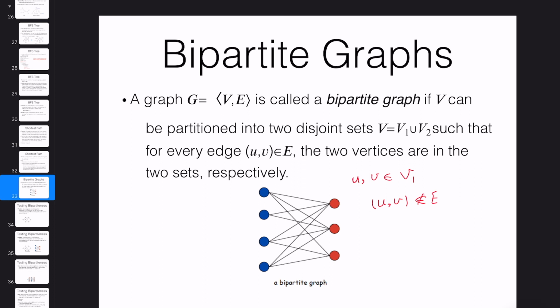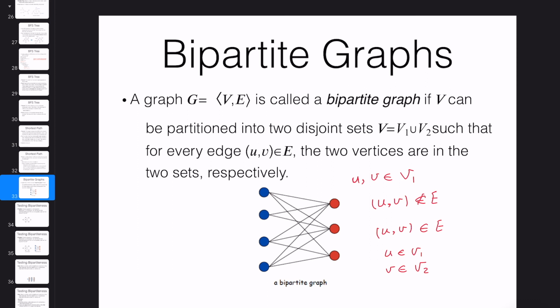The only edges that we have are the ones between the two sets. So u should belong to one set and v should belong to the other set. In this way, we would call it a bipartite graph.